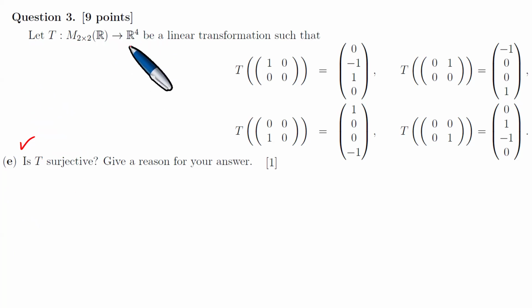So what does surjective mean? It means that for every, we start from the end. We pick an element here, which is an element of R4. For every element y in R to the 4, we can get an element x such that Tx is y. Okay, so can we be able to do this?